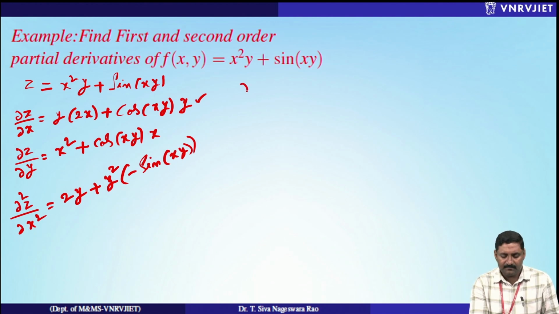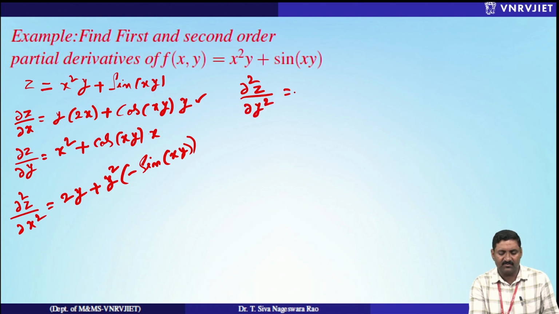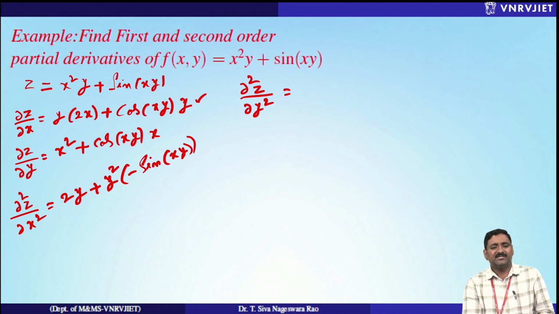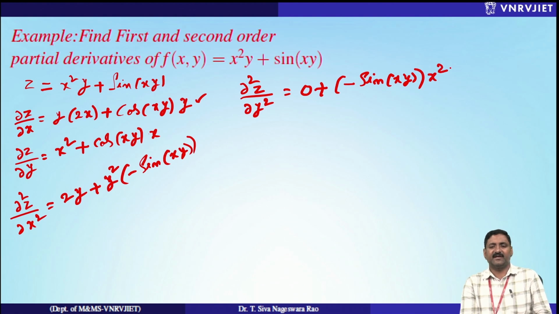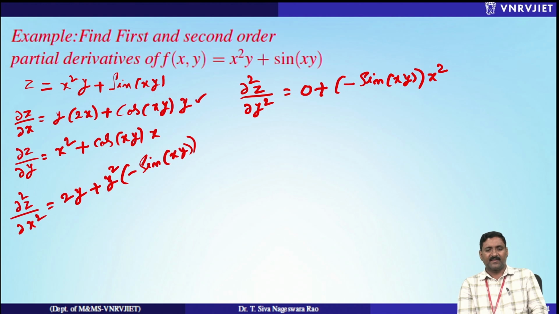Now I will calculate del square z by del y square, the partial derivative of del z by del y with respect to y. This is equal to x square derivative 0, plus cos xy derivative, minus sine xy, and the partial derivative with respect to y again gives x. One more x you will get, x multiplied with x, x square. This is del square z by del y square.